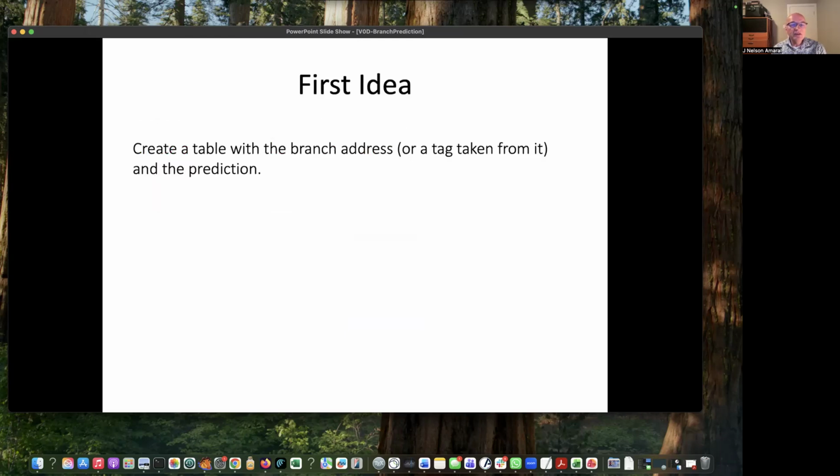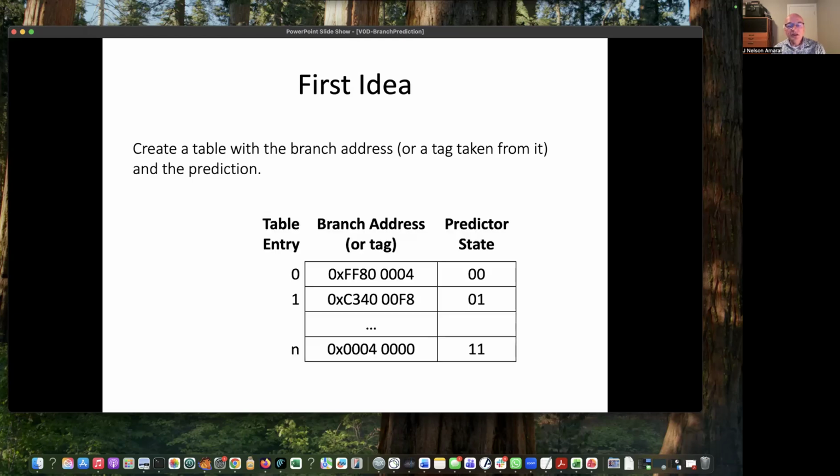So the first idea is that we're going to create a table with the branch address or a tag that was taken from the address, and the prediction. Let's consider first this fairly naive design where I create a tag just like I have tags in the cache. Remember, the tags in the cache are a subset of the bits of the address that I use to access the instruction.